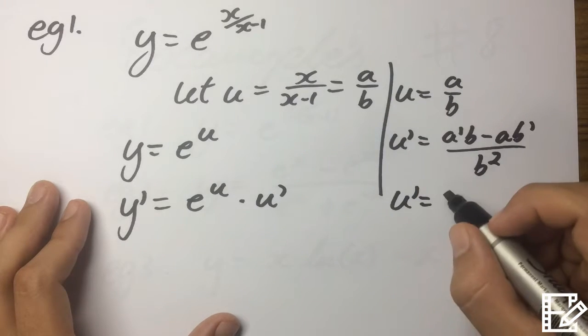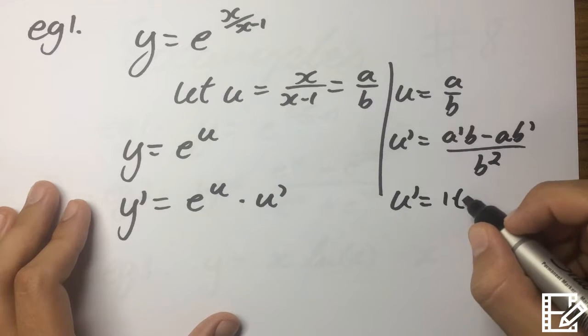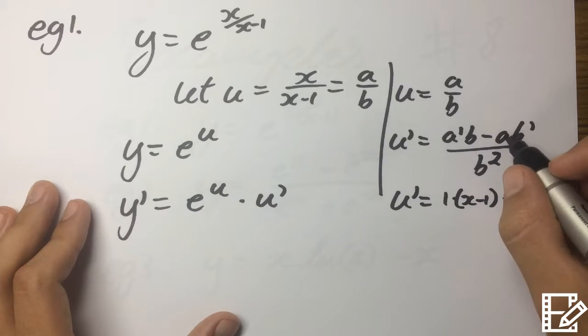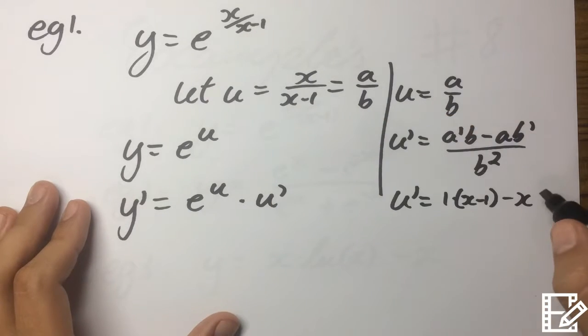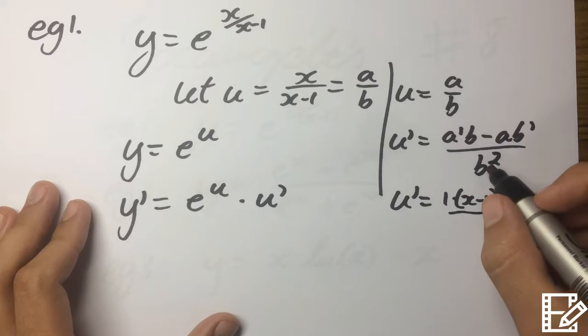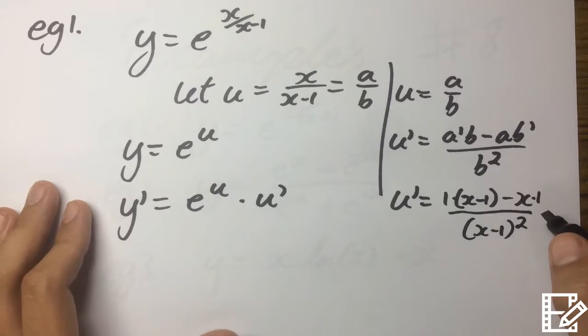Derivative of a. If a is x, the derivative is 1, multiplied by b. b is x minus 1. Minus a is x. Derivative of b is 1. All over b squared, x minus 1 squared.